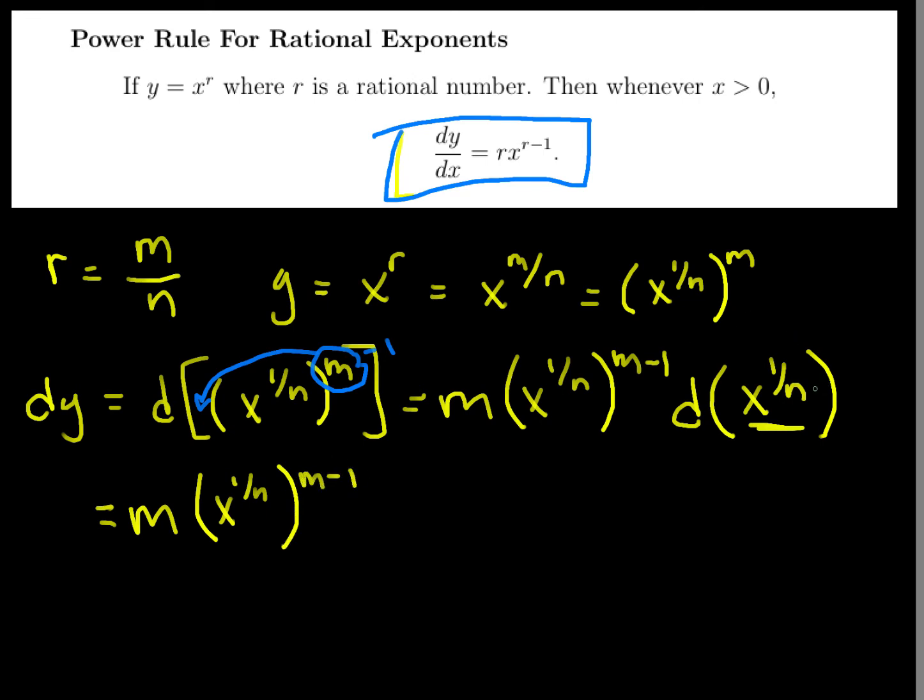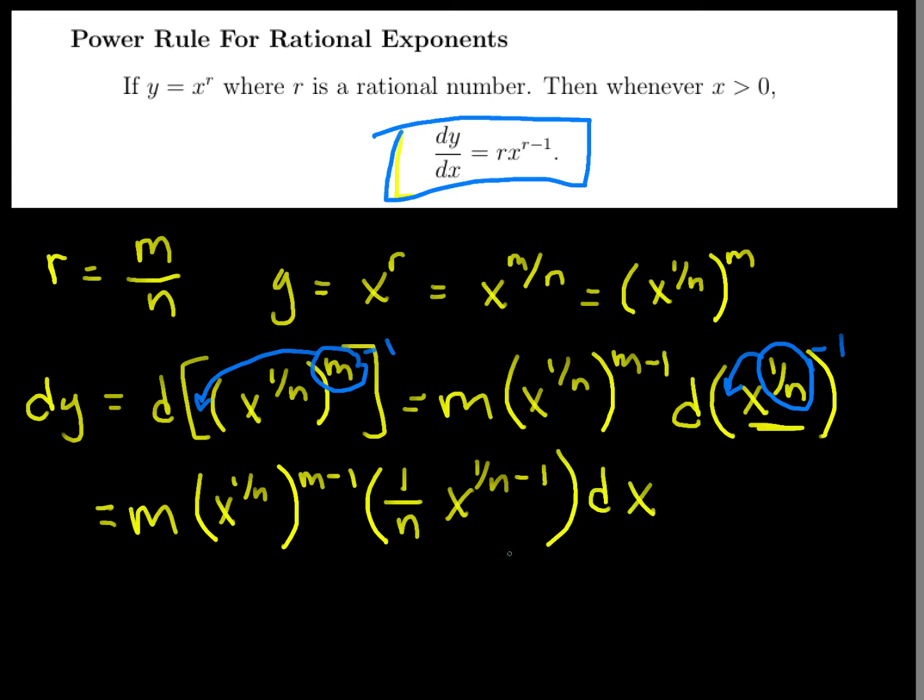And if you recall the rule, just like the other power rules, the 1 over n comes down and becomes our coefficient. This exponent will come down, become our coefficient, and we subtract 1. So this differential is 1 over n x to the 1 over n minus 1 dx.